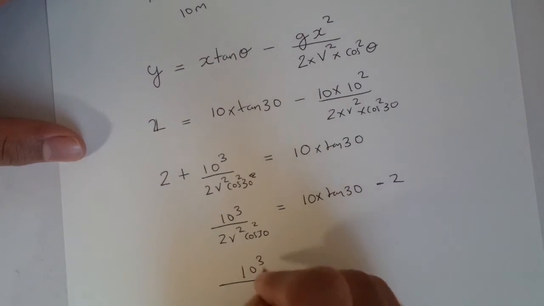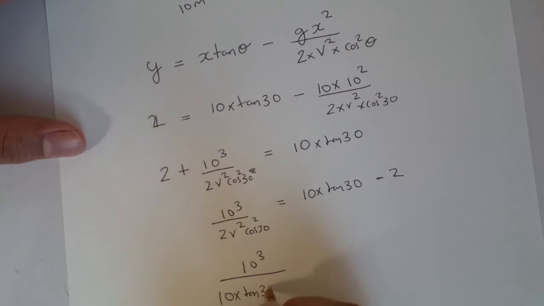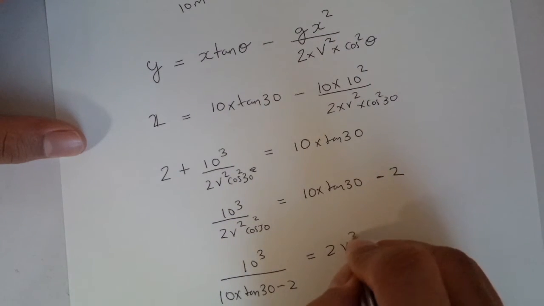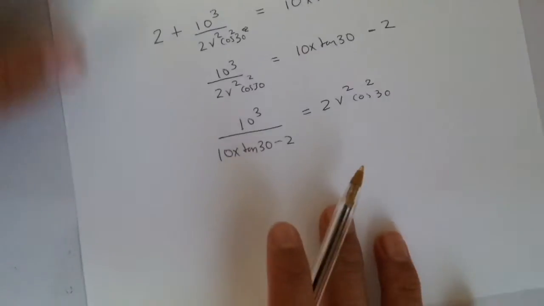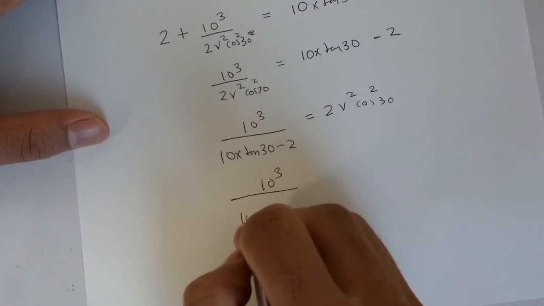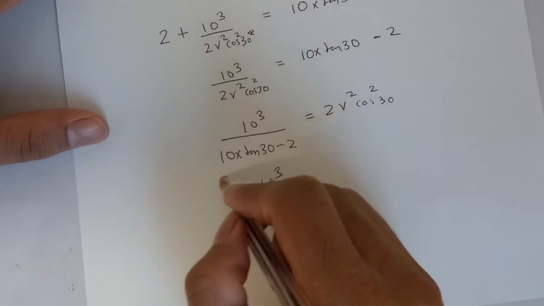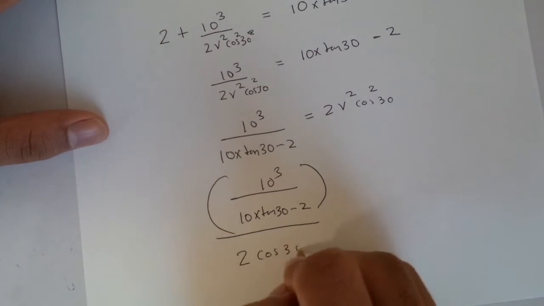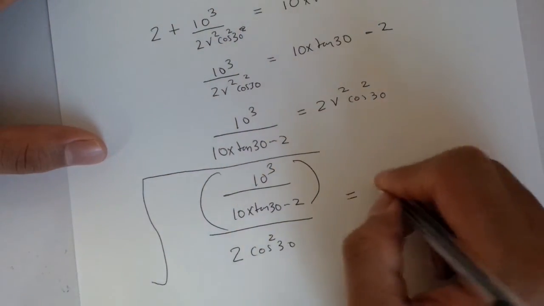10 cube upon, bringing this whole thing here, 10 into tan 30 minus 2 is equal to 2v square cos 30 whole square. Making v the subject, 10 cube upon 10 into tan 30 minus 2, this whole thing divided by 2 cos 30 whole square, under root will give you v.